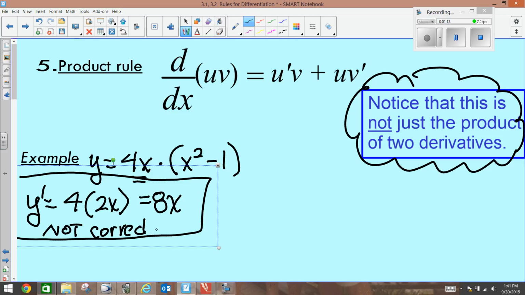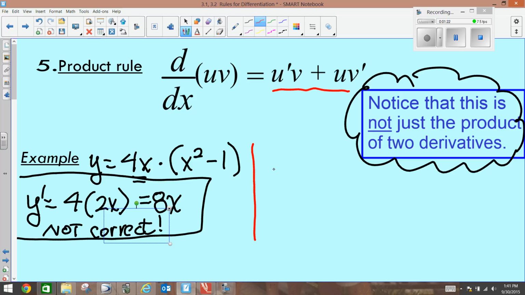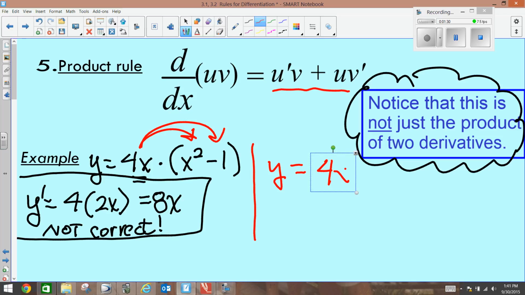We can say, all right, let's do it correctly. Okay, so correctly right now, before we use this formula, we're going to just go ahead and multiply it out. So y equals, we're going to distribute, because we can do that. That's totally legal. What's that? 4x cubed minus 4x. And then we can find the derivative, y prime.